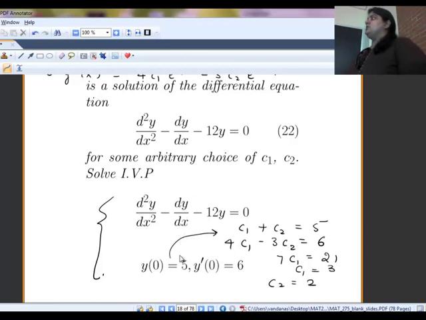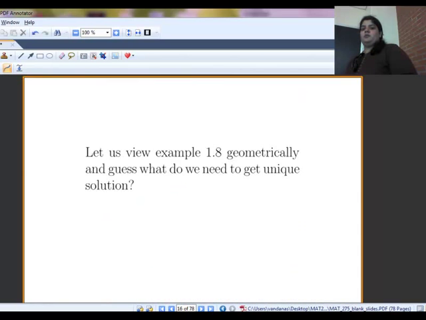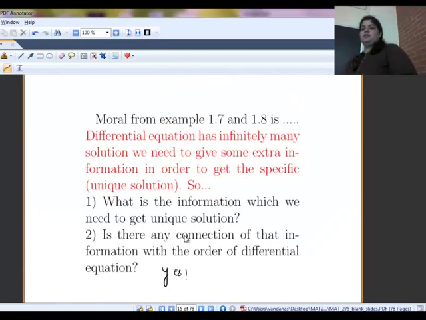For a second order differential equation, you need 2 initial conditions. Third order differential equation, you need 3 initial conditions. Fourth order differential equation, you need 4 initial conditions. So the number of initial conditions is equal to the order of the differential equation. Okay, so this is the key. So on the previous slide, when I was asking you whether there is any connection between the information which will give us a unique solution and the order of the differential equation, the answer was yes.